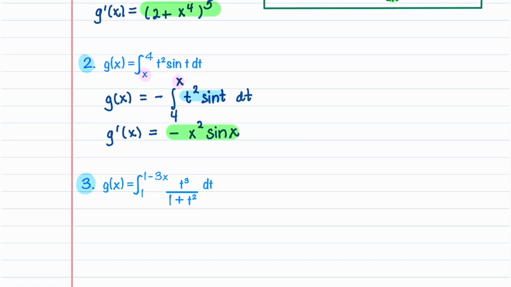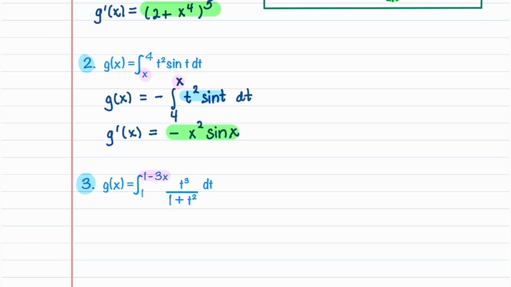Let's now look at example 3. This example is different than the first two because in the upper limit, we have 1 minus 3x. So it is not a single variable. We can only use the fundamental theorem of calculus part 1 to find a derivative if we have a single variable in the upper limit of integration.